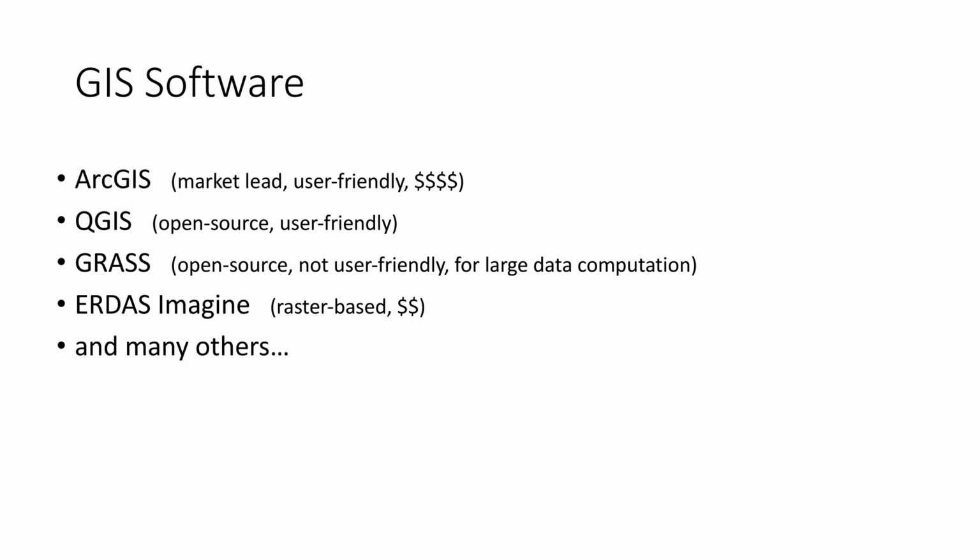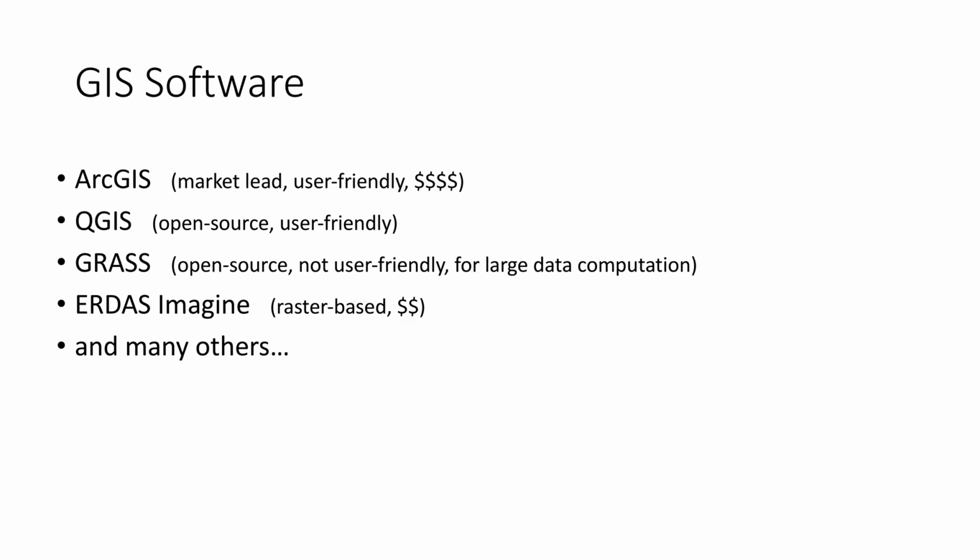ArcGIS, for example, is probably the most popular software out there, but it is also expensive. QGIS is open source, so it's free, and it's pretty user-friendly. However, it's not as nice as ArcGIS. There are some issues associated with QGIS as well. ArcGIS is a little bit more user-friendly.